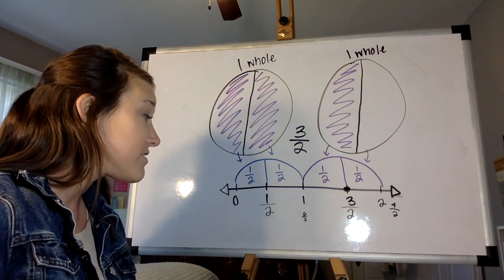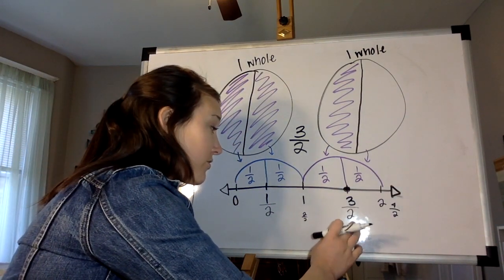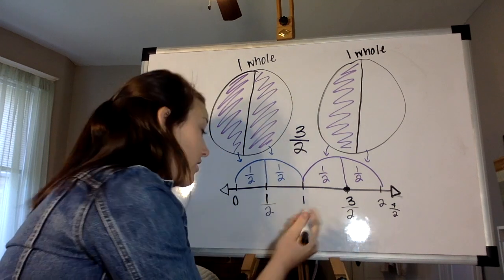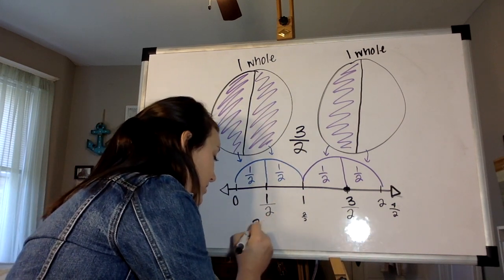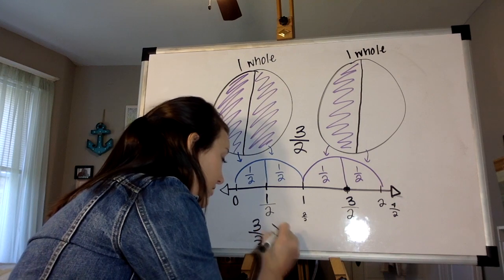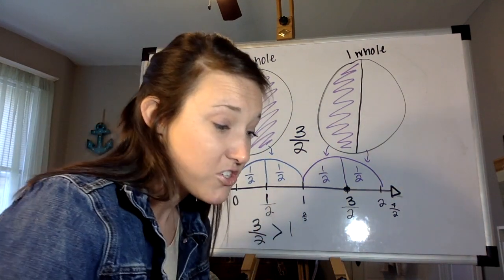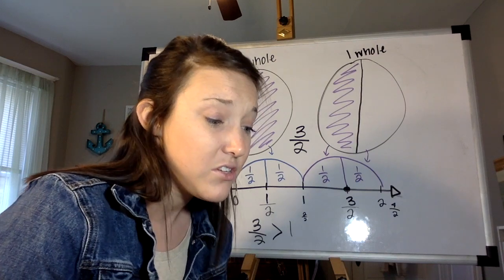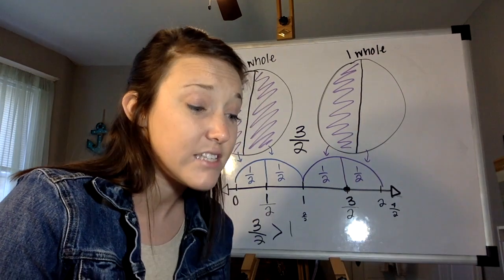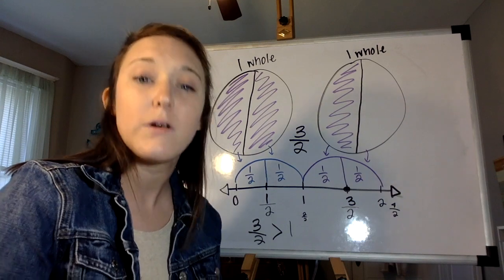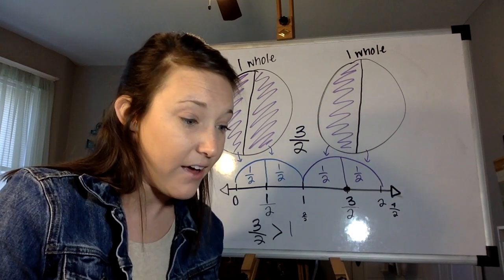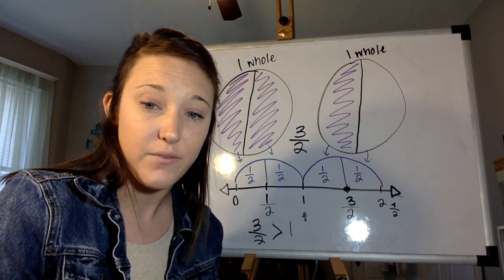Well, what I notice is 3/2 is greater than 1, at least in this situation. And 3/2 is the same as 1 whole plus an additional half, okay?